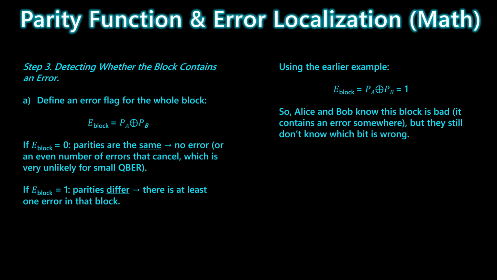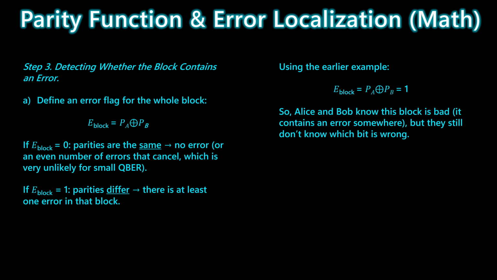There is at least one wrong bit somewhere in that block. They still don't know which bit it is. The parity only gives a yes or no answer. But that's enough information to start narrowing things down. Using the example from before, Alice's parity is 1 and Bob's is 0, so their block fails the check. That means there's definitely an error inside it, and now they move on to the next step.